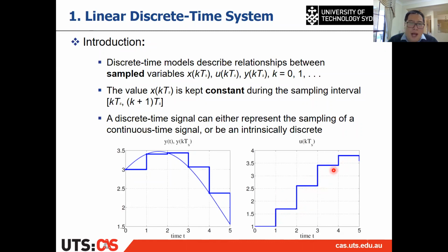But on the bottom left figure, if naturally it is a continuous time system, we still can do some sampling to convert or transform the continuous time system to a discrete time system. This is what we are going to introduce about discretization later. All right, so there are three properties which are different from the continuous time system.